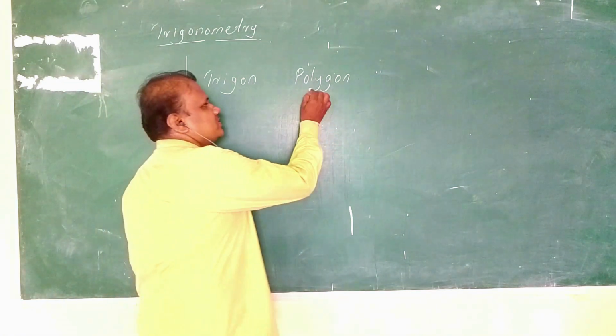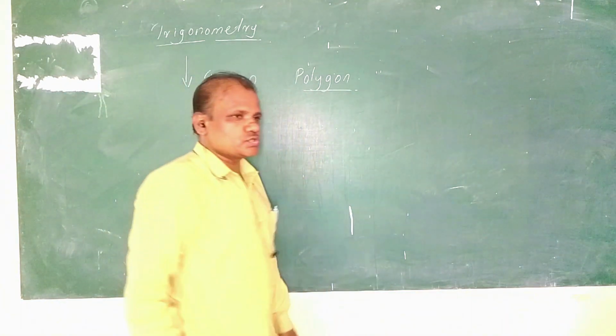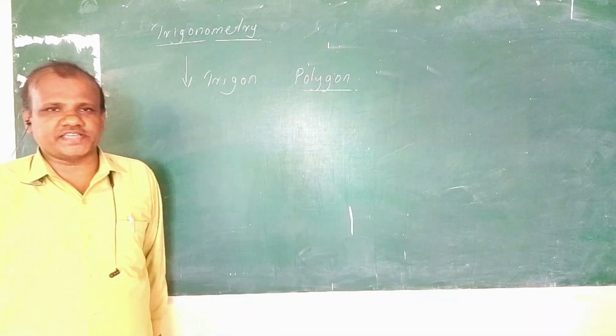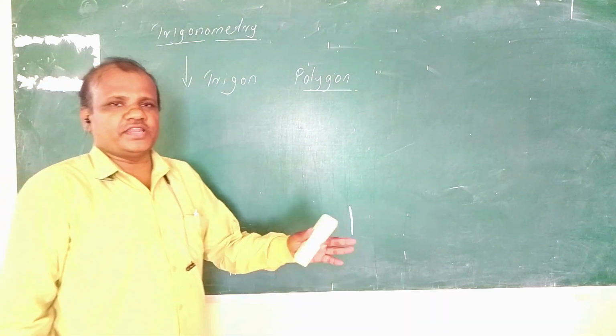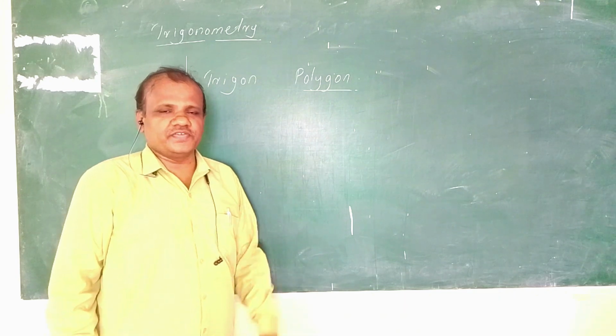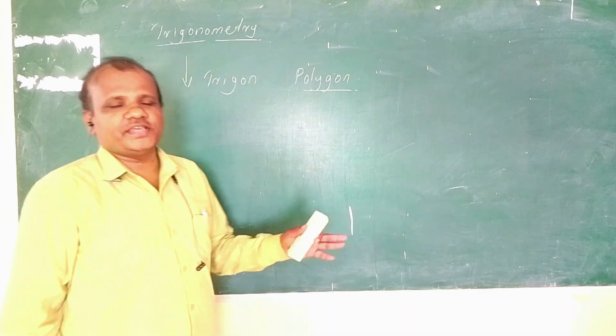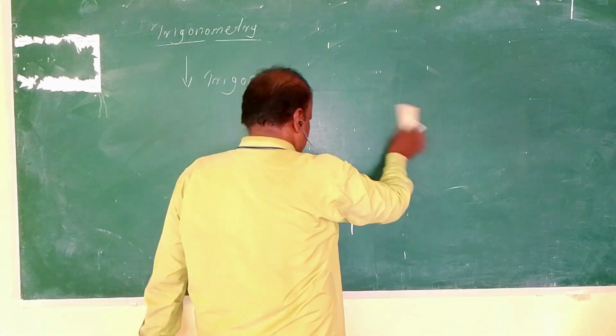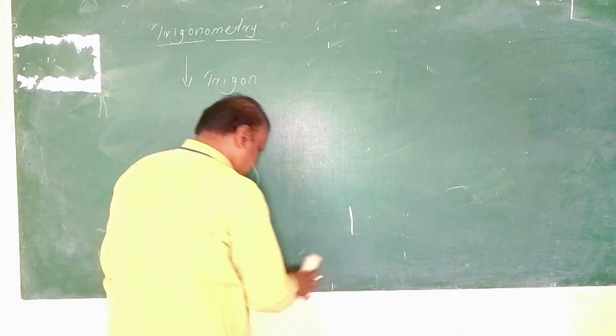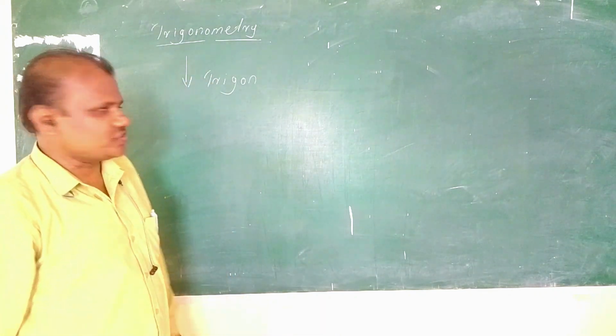A polygon is a geometrical shape which is going to have more number of sides. For example, a square is a polygon with 4 sides. A hexagon is a polygon with 6 sides. So polygon means a geometrical shape with more than 2 sides.